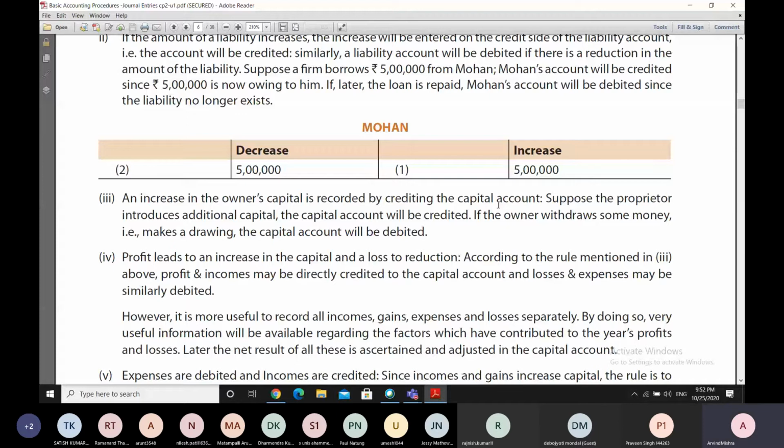Supposing the partner or the proprietor introduces some additional capital, we credit the capital account, because in case of capital account, whenever there is an increase, we write it on the right hand side. If the owner withdraws some money, or rather we say that he makes a drawing for personal use, we debit the capital account in that case.